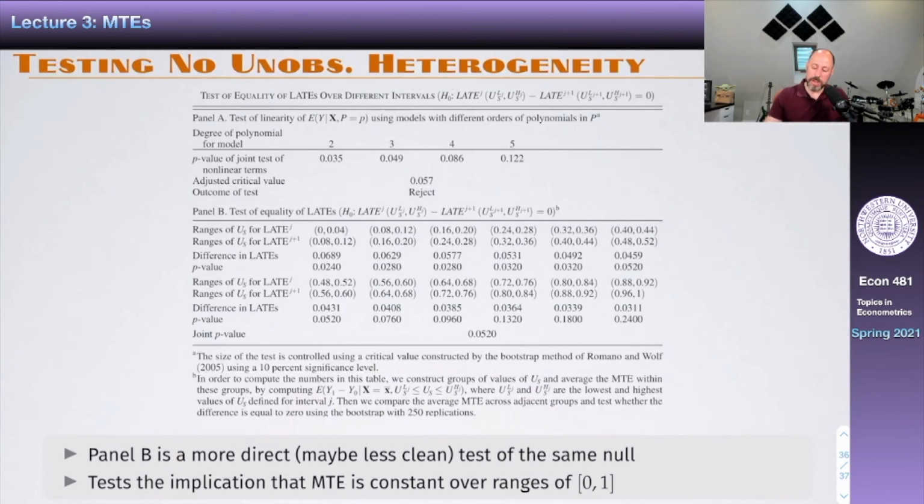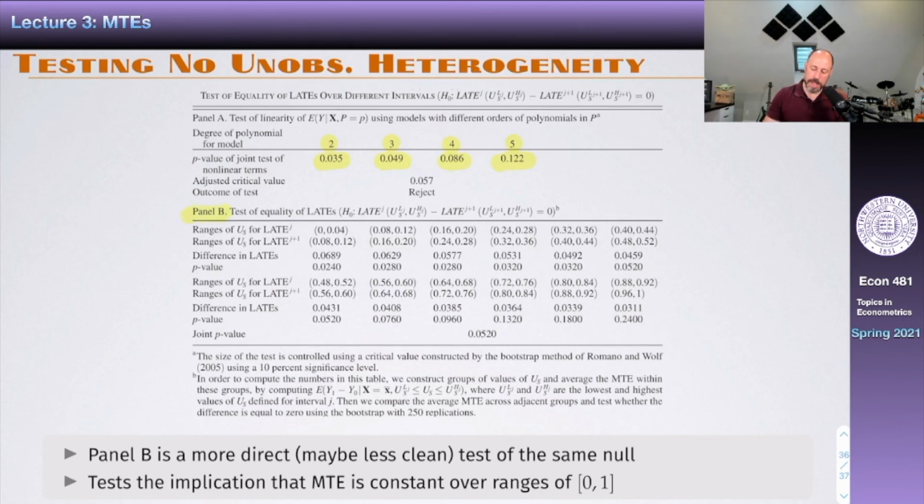If you look at the results, you have polynomials of degree 2, 3, 4, 5, and then the p-value of the joint null hypothesis that I said. No unobserved heterogeneity is rejected here when the degree of the polynomial is small. It's not rejected when the degree is high.